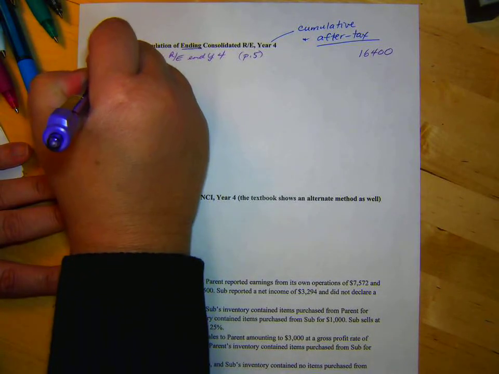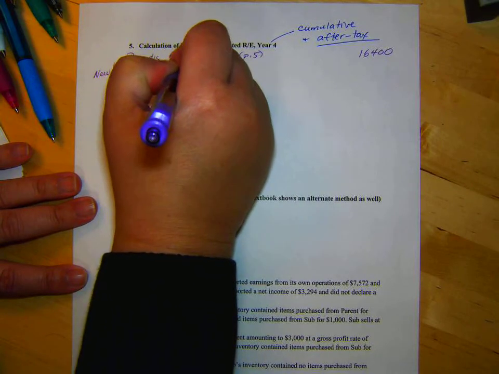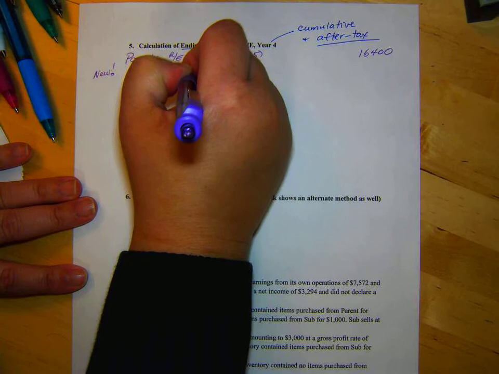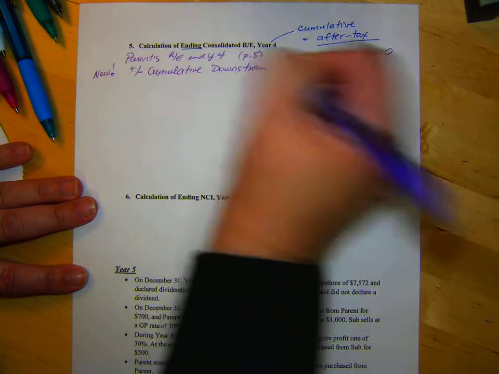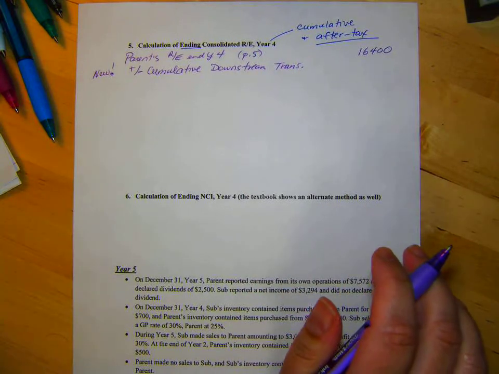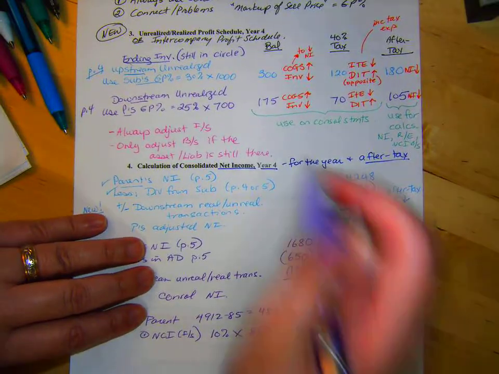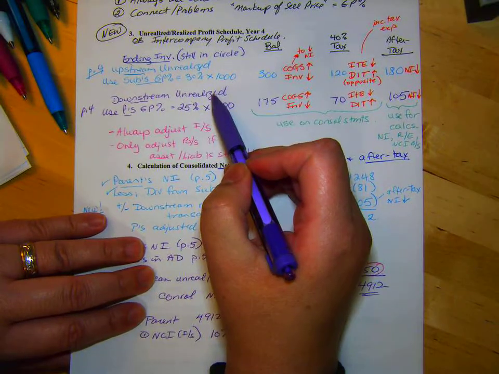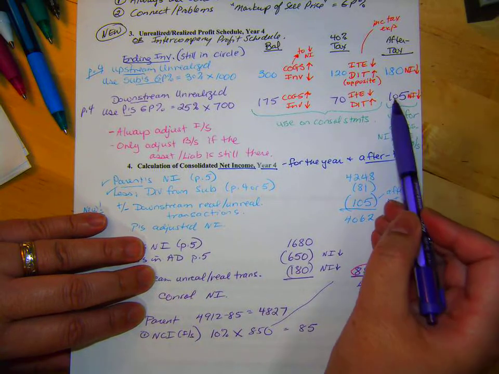This is new. Plus or minus cumulative downstream transactions. So we look at our little chart. Downstream unrealized. So which number of these three should I use? The 105.